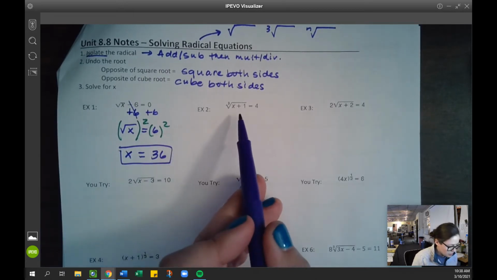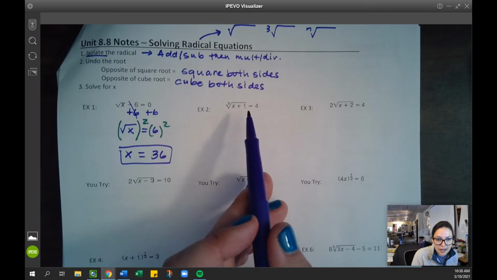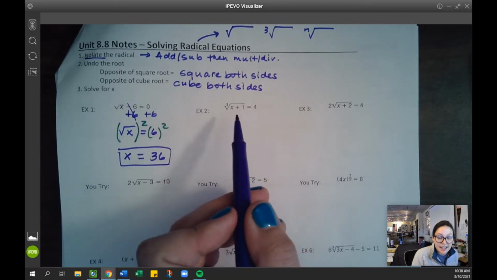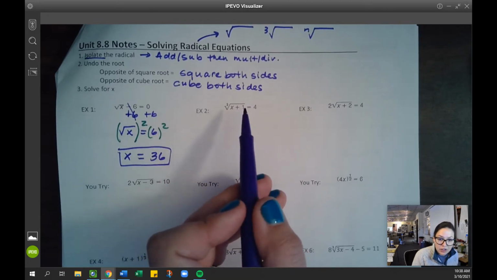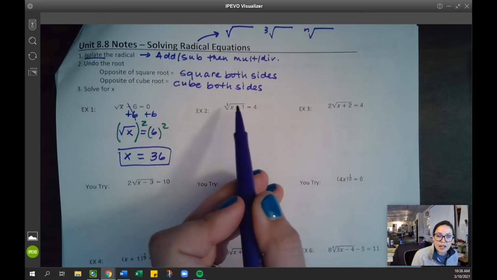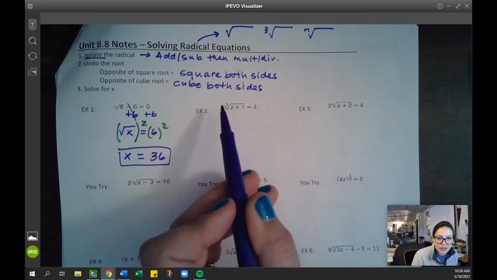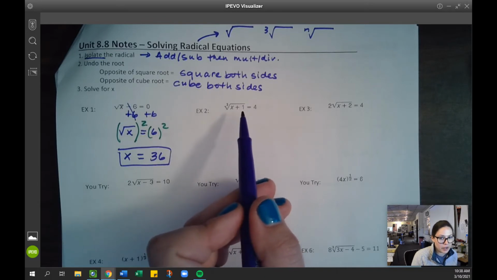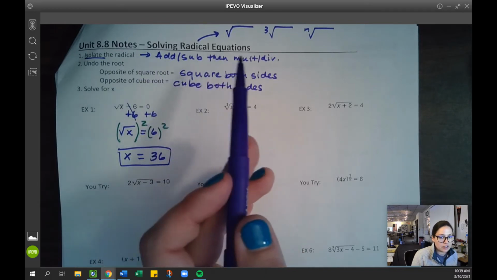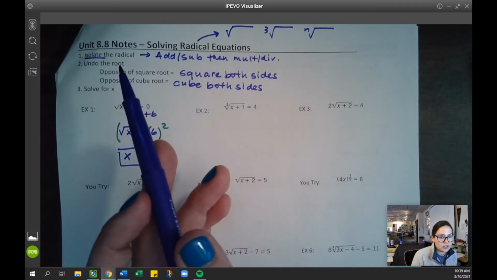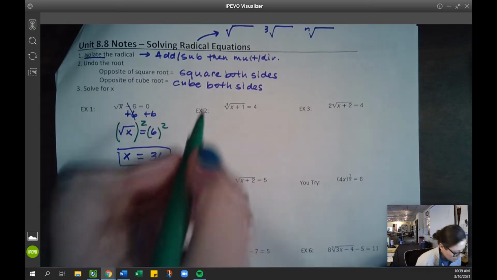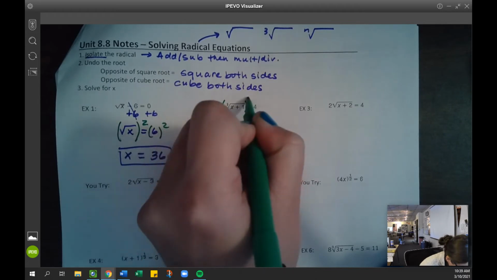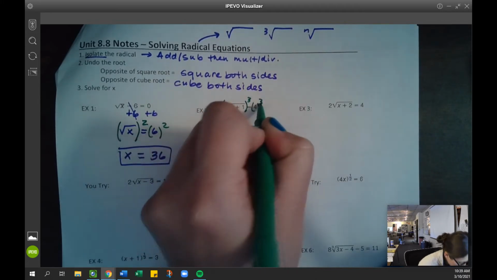All right, let's try example 2. Step 1 is to isolate the radical, and in this case, it is isolated. Even though we have this plus 1, that plus 1 is inside the cube root, so I'm not going to subtract 1 quite yet. Step 1 is already done. Now I'm going to undo the root, which means I'm going to cube both sides since it's a cube root.